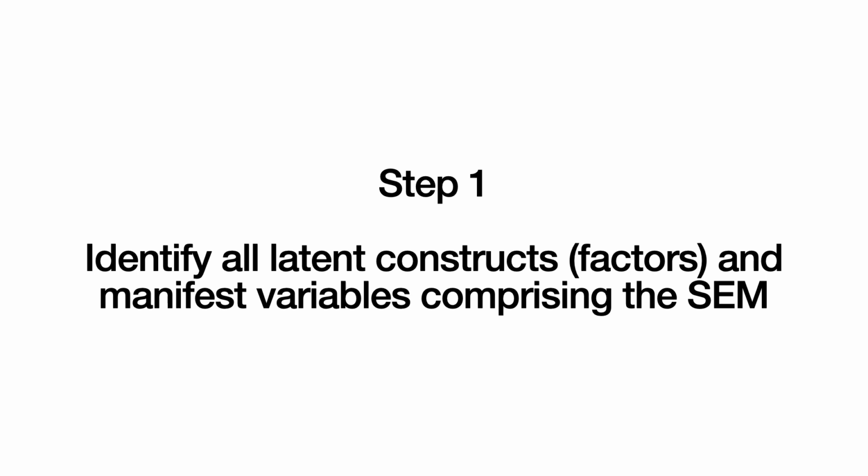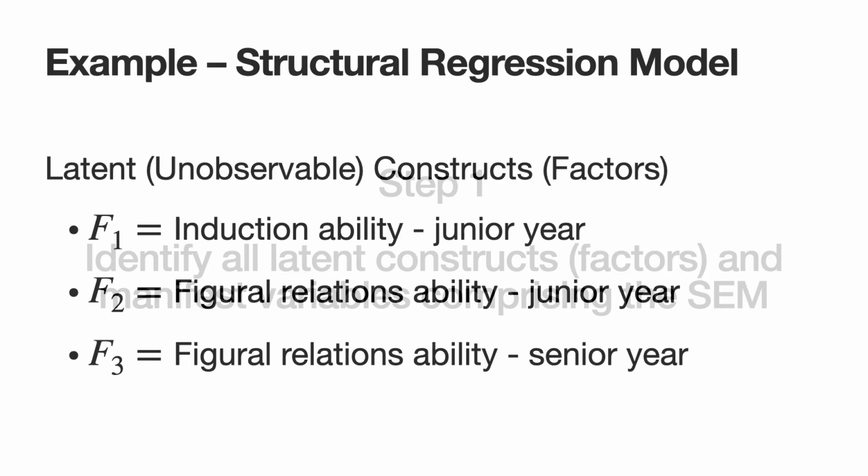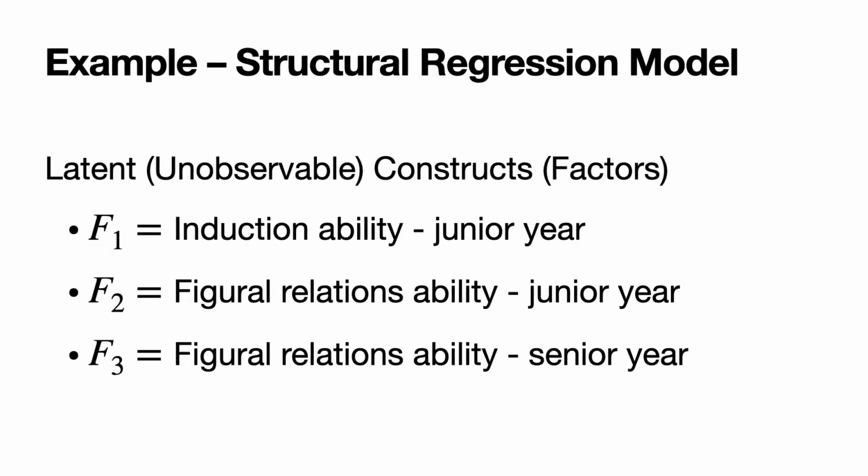So let's take a look at step 1, where we identify all latent constructs or factors, as well as the manifest variables comprising this structural equation model. In this model, we have 3 latent constructs, and you'll recall that latent constructs are unobservable characteristics. Latent constructs are also called factors.